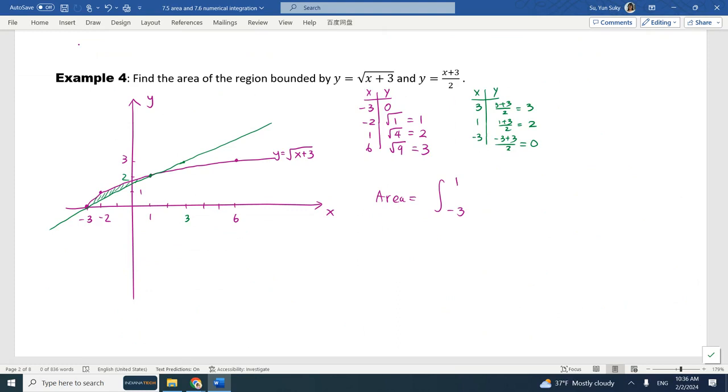The square root of x plus 3. Who's the lower function? Yes. All right. So we want to integrate that. Okay. How do we pick -3 to 1? The integration from -3 to 1. So here, the intersection points. Oh, okay. Yeah, that makes sense. Yeah. Right.